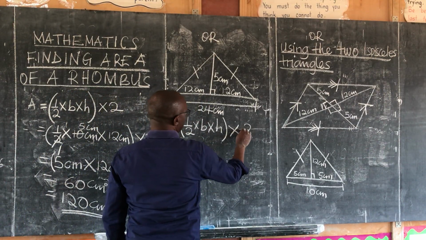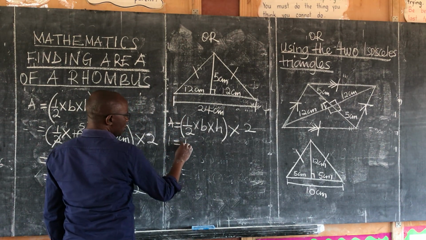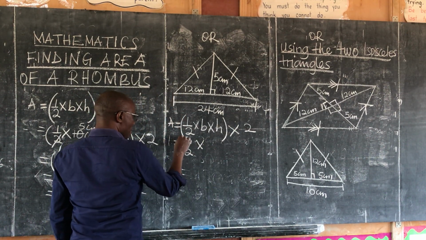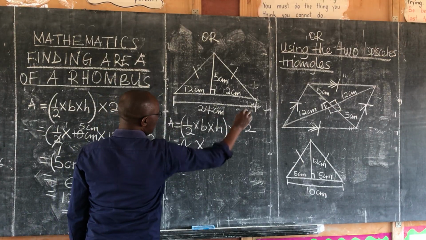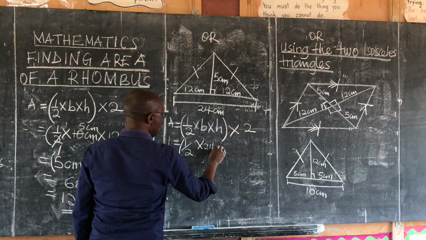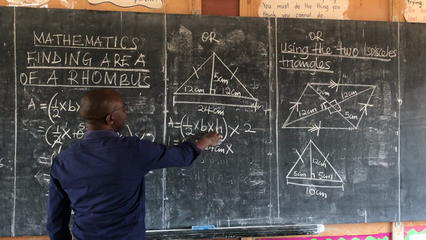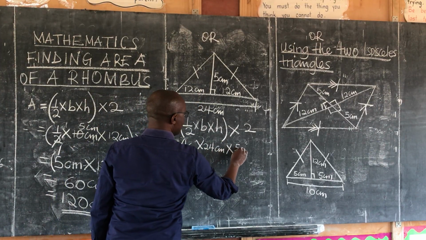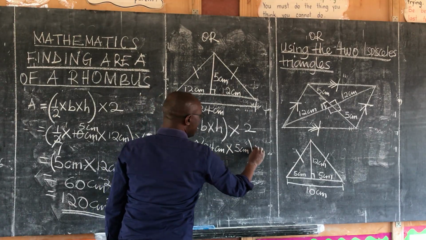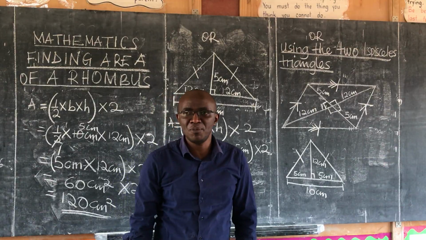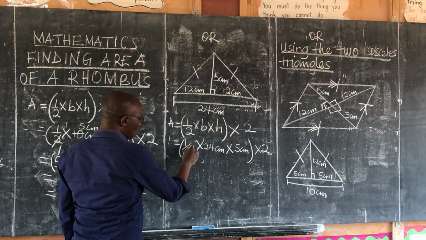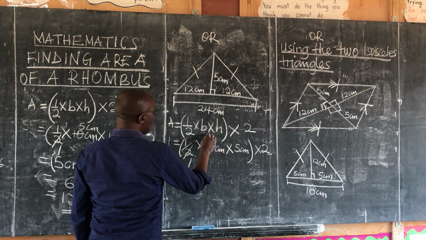So times 2. I substitute, which is a half. Remember, I'm getting the area of the isosceles triangle. A half times the base, which is 24 centimeters, times the height, which is 5 centimeters, times 2. 2 represents the number of isosceles triangles that form the rhombus. So by 2, 1. By 2, 12 centimeters.